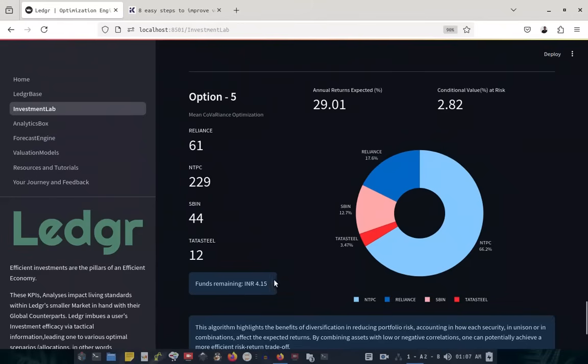And here is something important to notice. Other than the annual expected returns, this has a different metric. It's called the conditional value at risk.